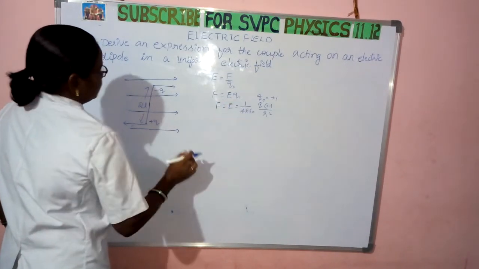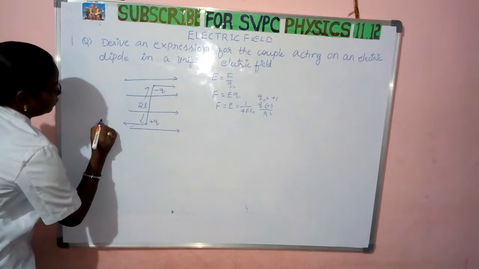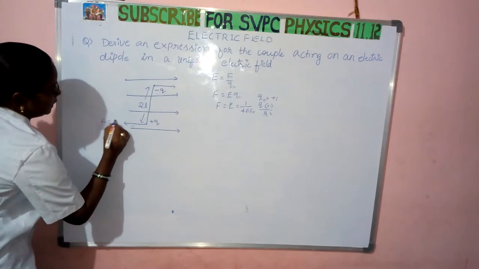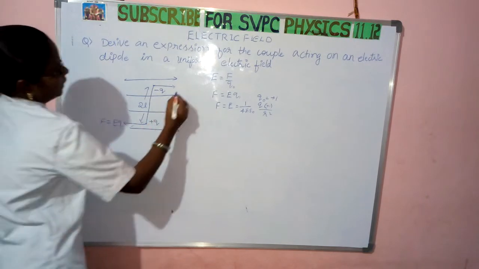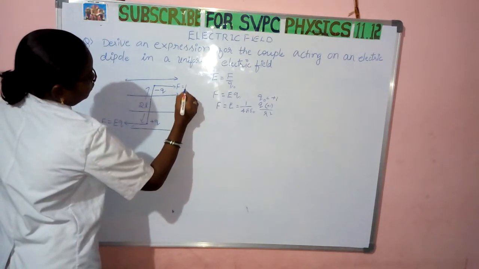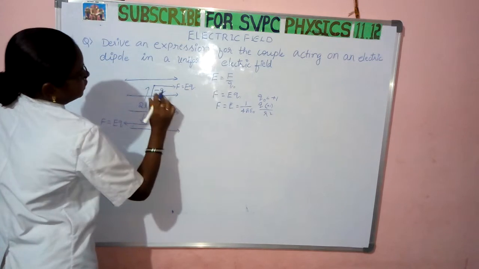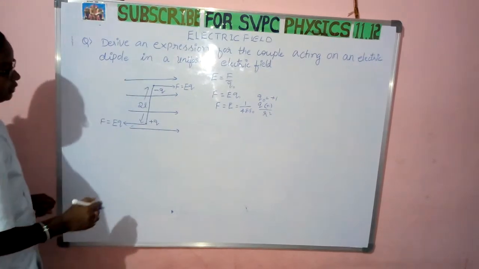So now F is equal to EQ, and here also F is equal to EQ. This is the negative charge and this is the positive charge.